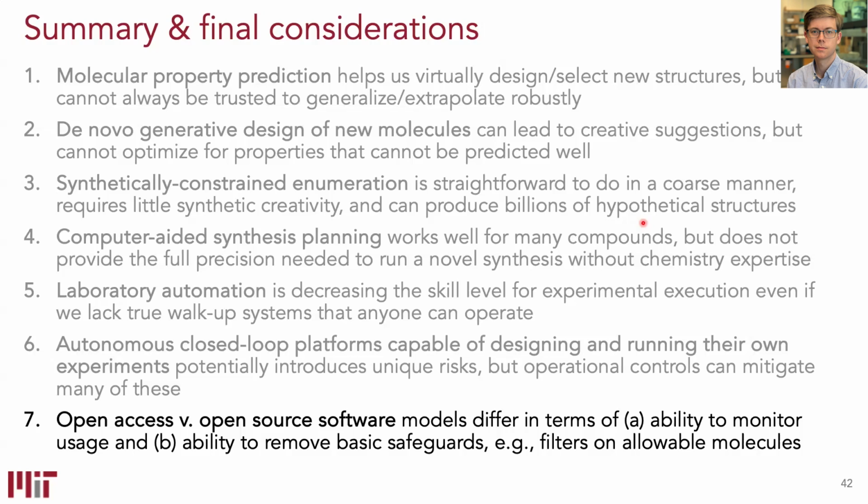So there's a big functional difference between open access software and open source software, as far as who controls it, right? Who can use it, what expertise is required to use it, or cost. And this has been involved in many of our conversations with governmental bodies around even synthesis planning, right? What does it mean to give someone the source code versus have a website that they can use? And how should that influence how we develop this technology further?